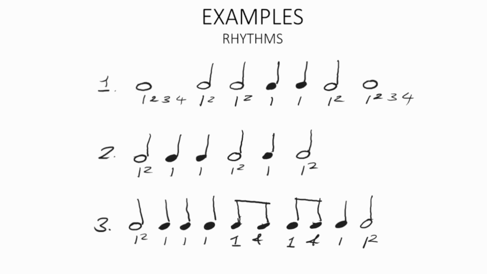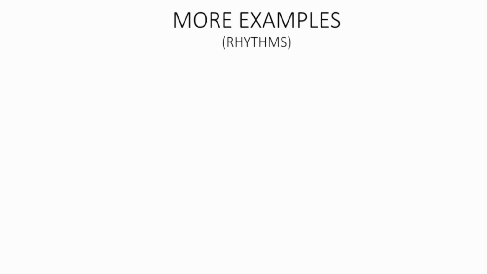So that's 1 2 1 1 1 2 1 1 2. Moving to the third one, 1 2 1 1 1 1 and 1 and 1 1 2. You can also be clapping these rhythms while following the video.